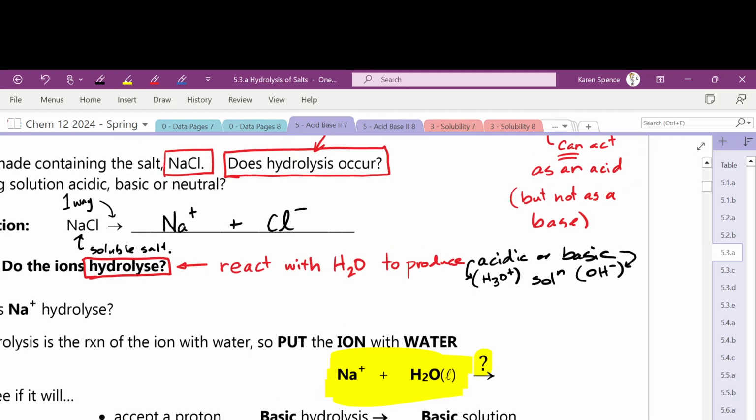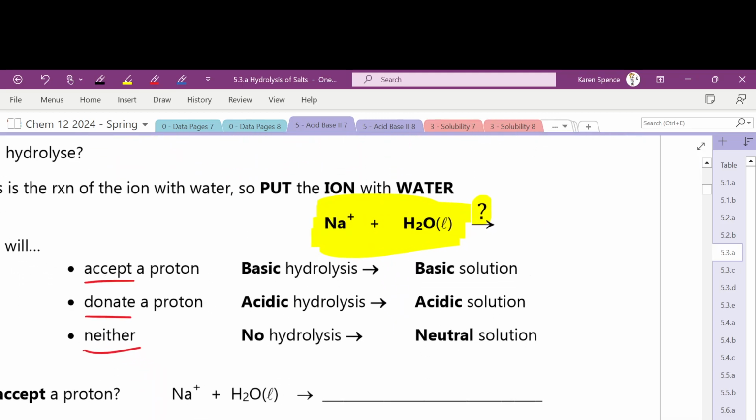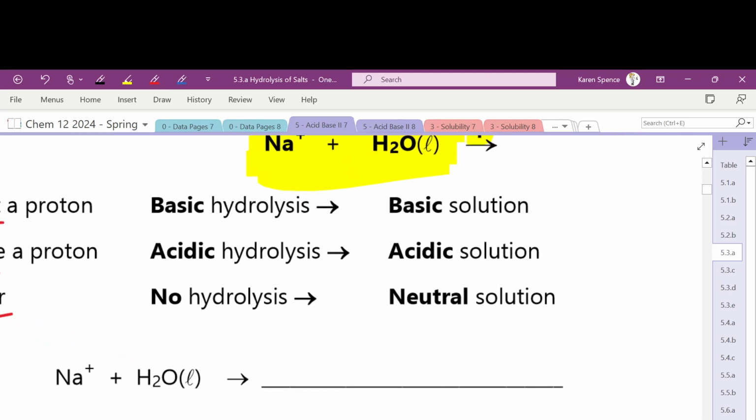Does Na plus accept a proton? Does it donate a proton? Or does it do neither? It does neither.